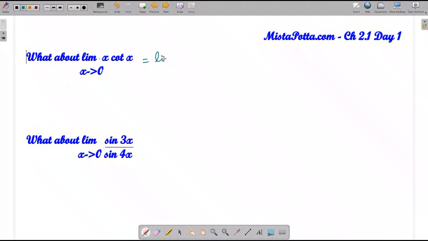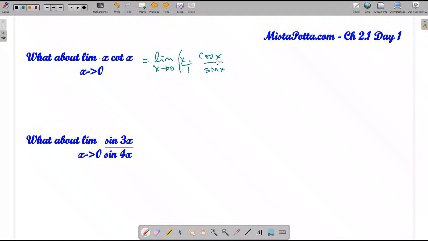I've got the limit as x approaches 0 of x times cotangent, which is cosine of x over sine x. So all I've done is rewrite cotangent in terms of its constituent functions. And I can just as easily rewrite x as x over 1.